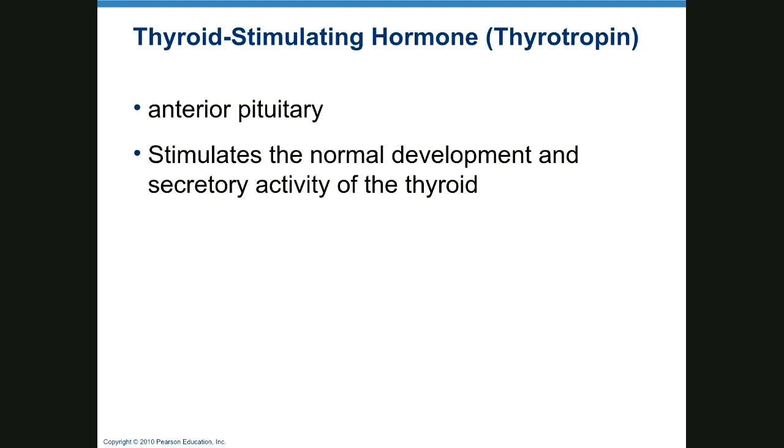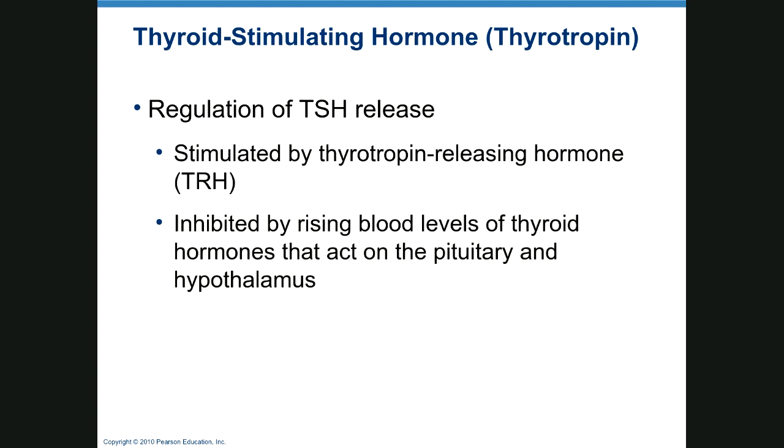Okay, thyroid stimulating hormone or thyrotropin. It's released by the anterior pituitary and stimulates normal development and secretory activity of the thyroid gland. Regulation of thyroid stimulating hormone: thyroid releasing hormone from the hypothalamus causes the release of thyroid stimulating hormone.